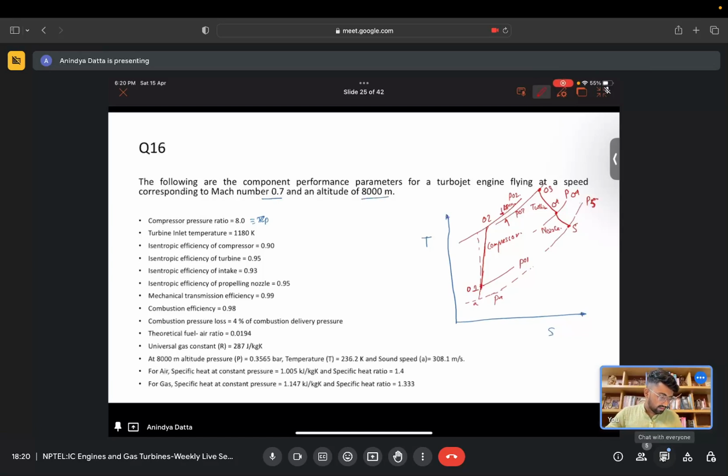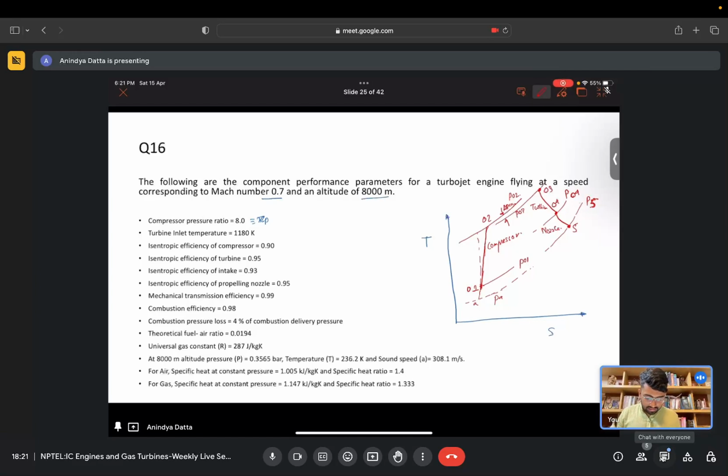Just note that for the nozzle I have drawn the state point from the stagnation pressure level to the static pressure level at P5. You can relate this to last week's lecture, where isentropic efficiency of the nozzle was discussed; it is getting expanded to the ambient pressure level, which is P5.